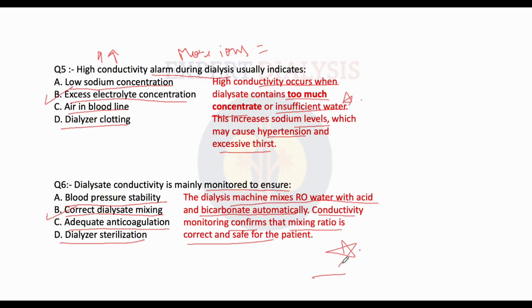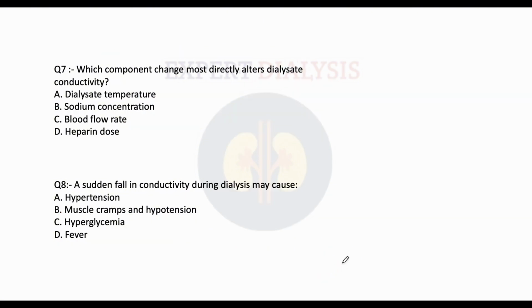Moving to the next question. The seventh question says, which component change most directly alters conductivity? Option A says dialysate temperature, option B says sodium concentration, option C says blood flow rate, option D says heparin dose.